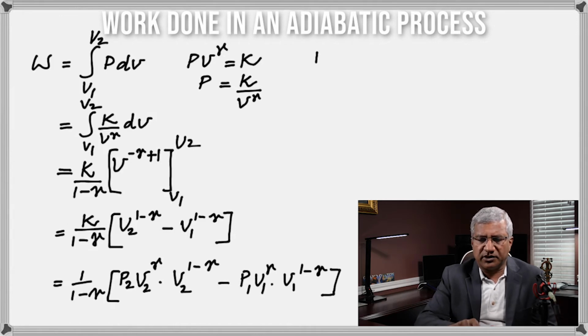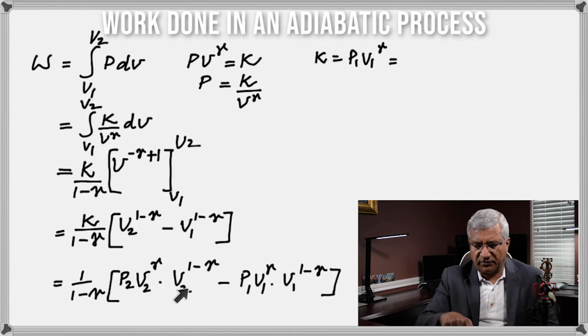So remember that this K has been multiplied with both of these terms, but the K value here is P2 V2 raised to gamma, and the K value along with this is P1 V1 raised to gamma. And that will let us simplify, because V2 raised to gamma and V2 raised to minus gamma will cancel out.